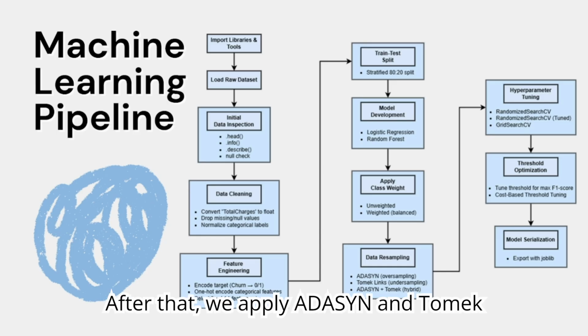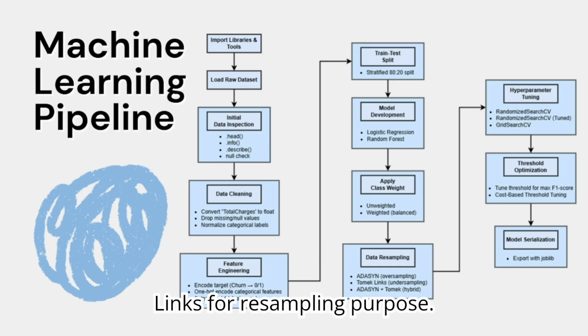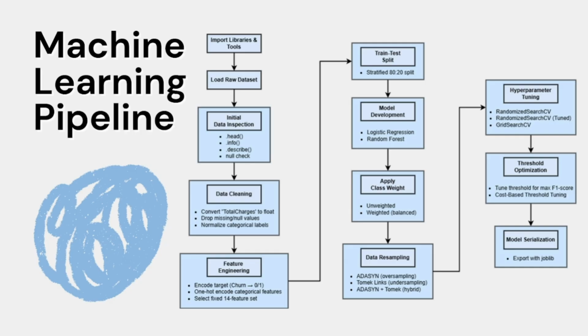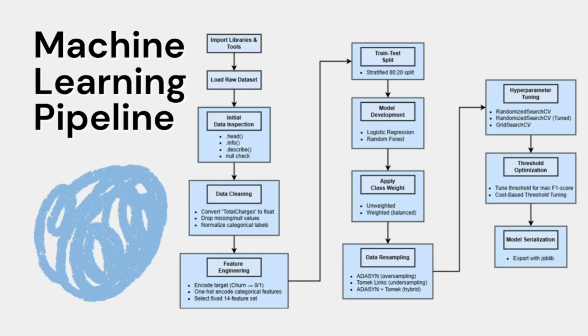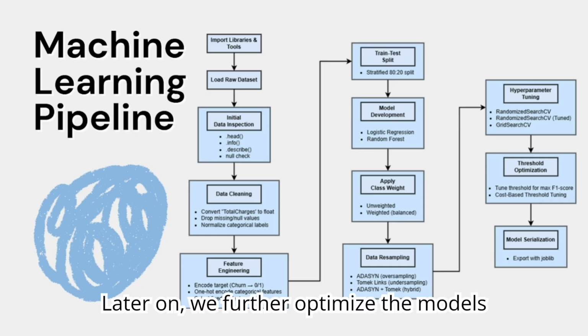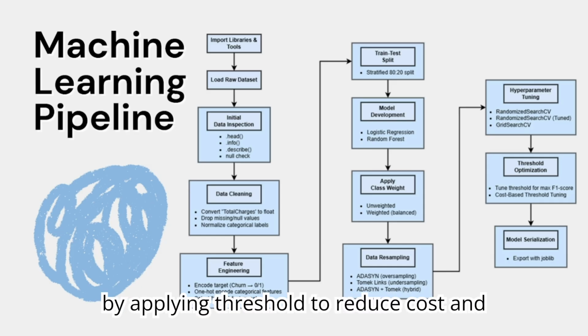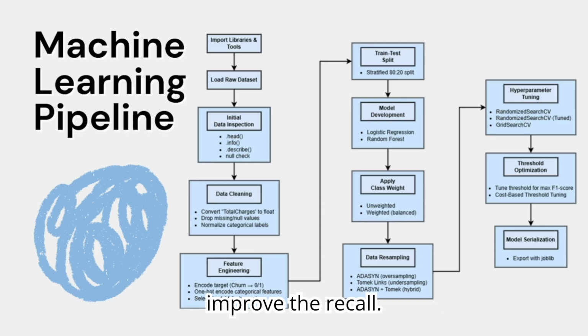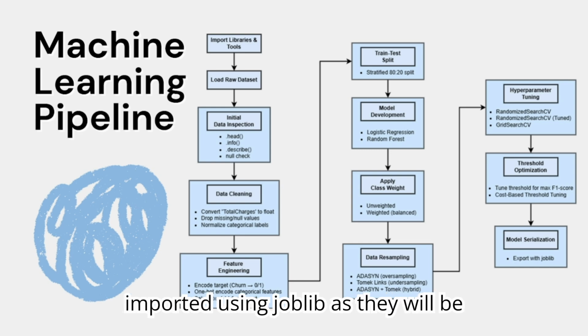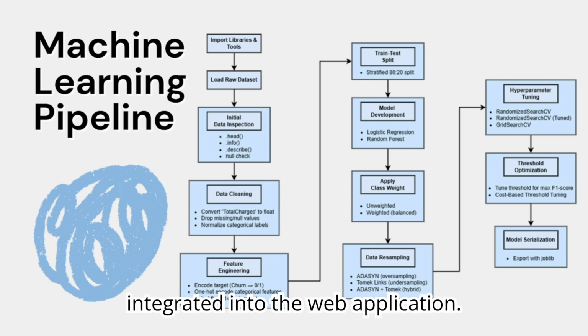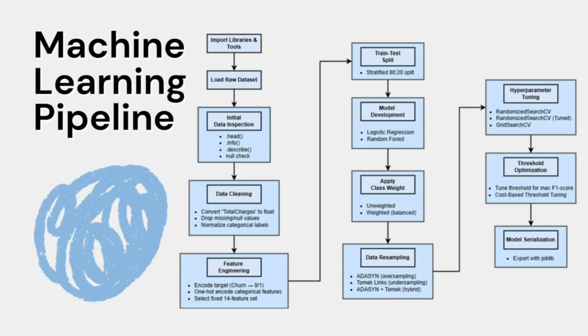After that, we apply EditedNearestNeighbours and Tomek links for resampling purposes. And after that, we continue to improve the models with hyperparameter tuning. Later on, we further optimize the models by applying threshold tuning to reduce cost and improve the recall. Finally, the best models are selected and exported using joblib as they will be integrated into the web application.